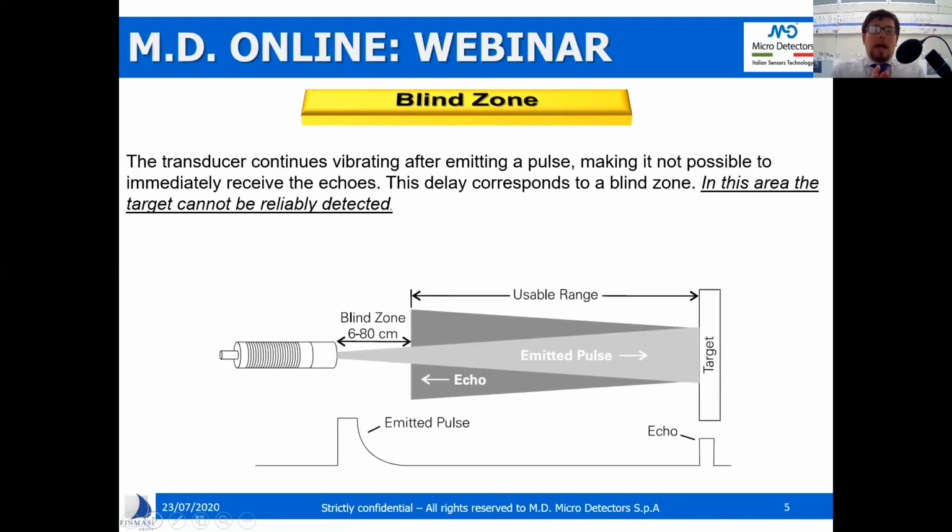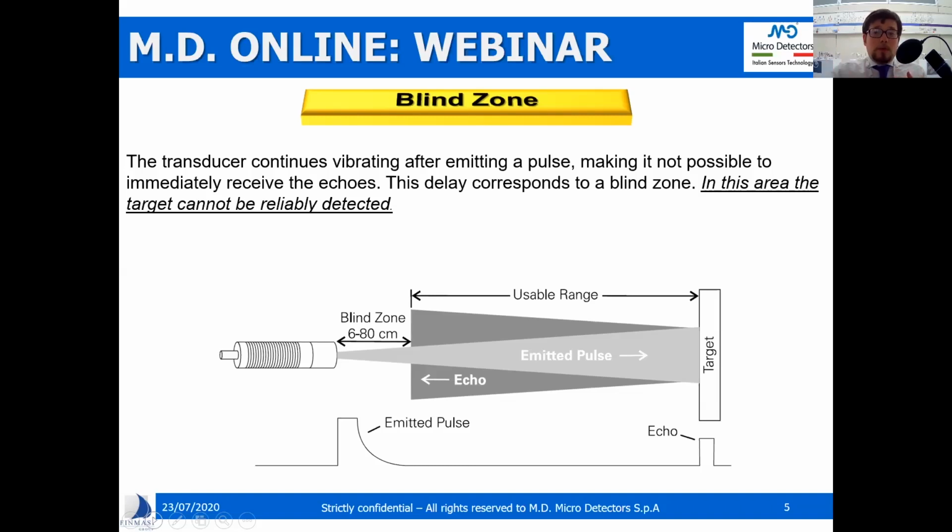What about the blind zone? The blind zone is related to the fact that the emitter and the receiver live together in the same active element. It means that the piezoelectric disc is not able to stop immediately when passing from the emission to the receiving mode.